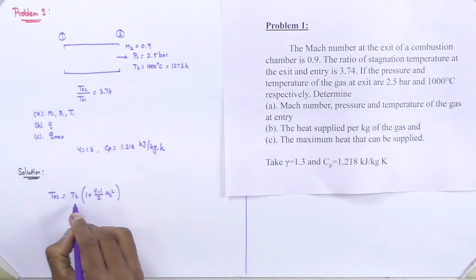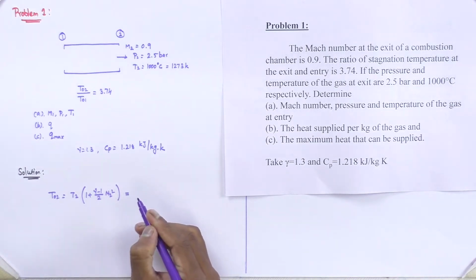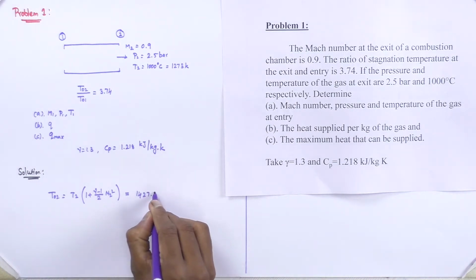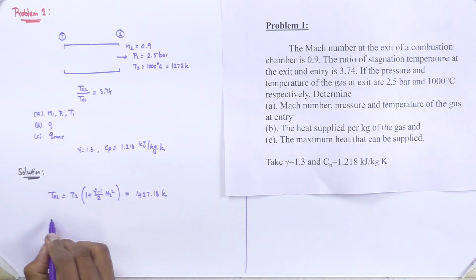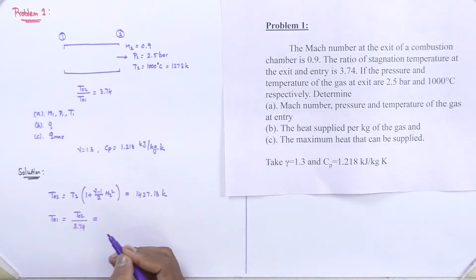After substitution we get T02 as 1427.13 Kelvin. Then T01 is equal to T02 divided by 3.74, which gives 381.58 Kelvin.